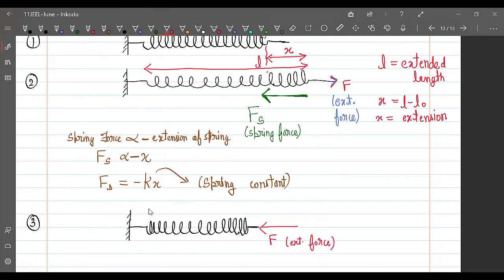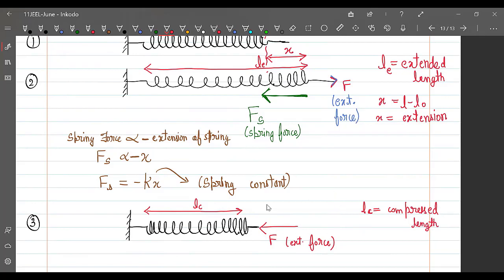So the length is now less than L0. Let me call this LE, the extended length, and this LC, the compressed length.